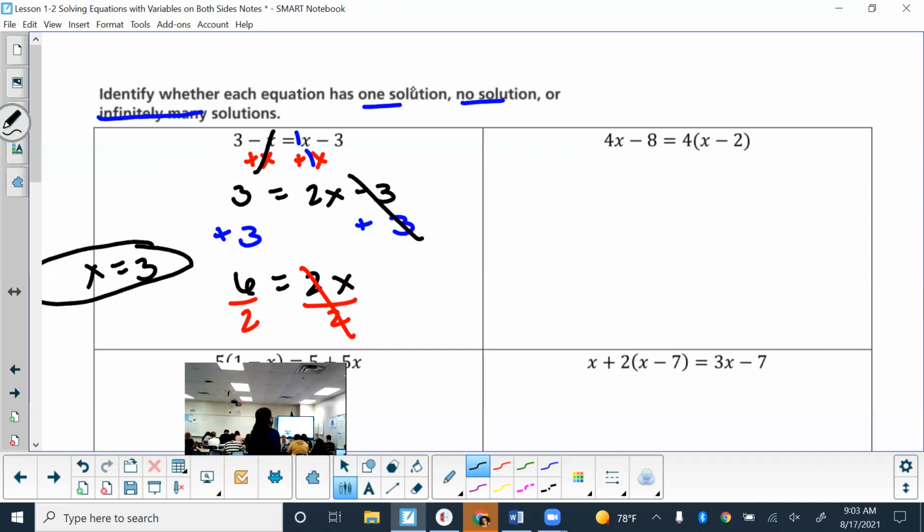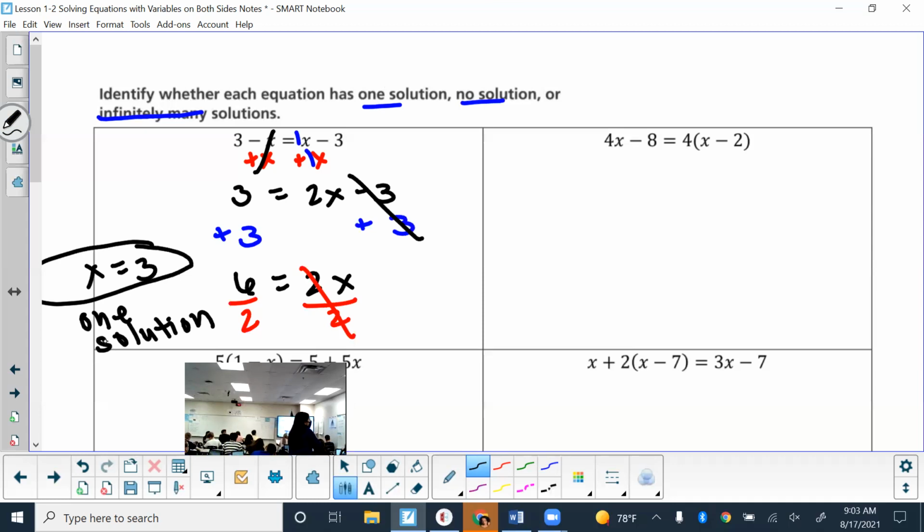Now, how would you classify that with these options? Is it 1 solution? So all the examples we've done up to this point have had just 1 solution. All right, so if you get x equals like a specific number, it's just 1 solution. Questions there?